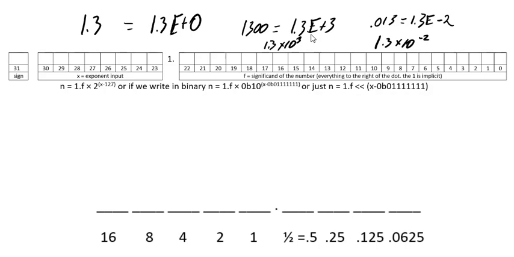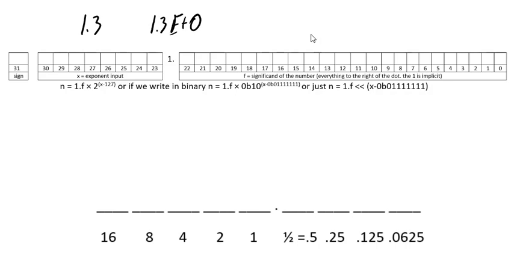Now, we're going to do a very similar thing, except we're going to do it in binary. So it's going to look a little weird, but there's some things that are going to look very familiar to you. So the basic format is the same. We're going to take a binary number n, and we're going to multiply it by 2 to some exponent.